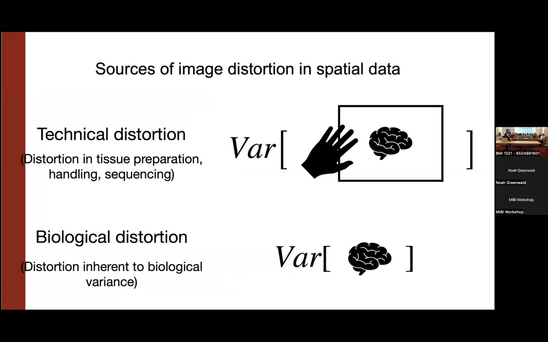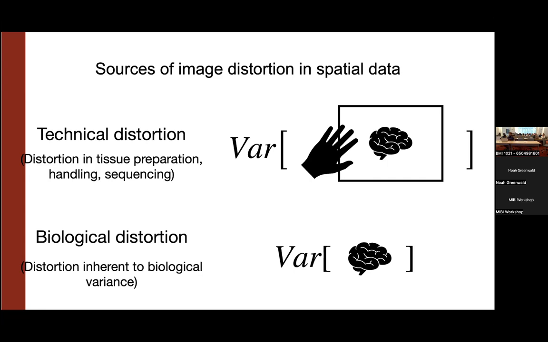So there's obviously, as you very well know, different types of distortion in spatial data. There's both technical distortion and biological distortion. The technical distortion might come from tissue preparation, handling, and sequencing. The biological distortion might come from biological variation, right? What we're interested in doing here is controlling for as much technical distortion as we possibly can by aligning the samples to a common coordinate system in order to deconvolve or dissect the biological distortion.